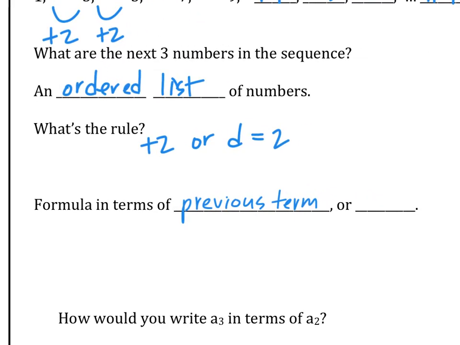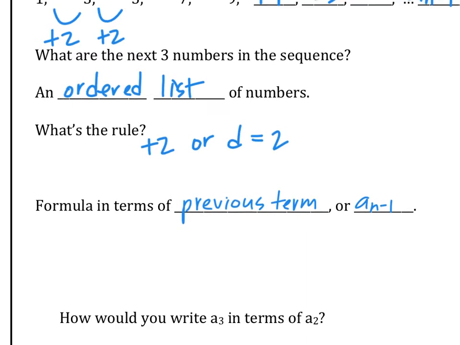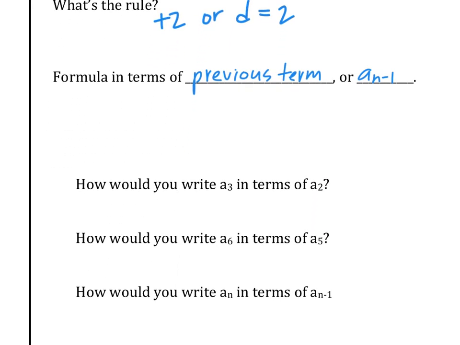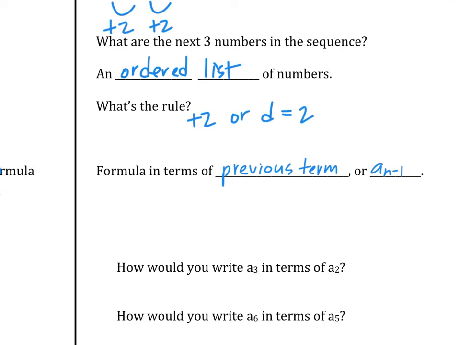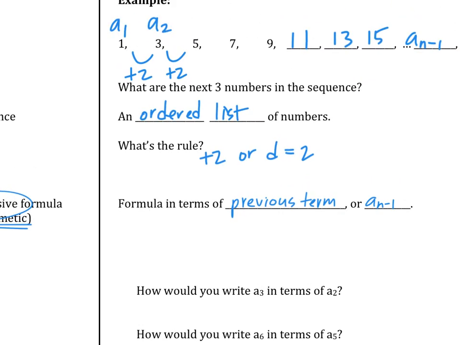And the previous term, we call that a_(n-1), because that's the previous one. So if I only know A2 is 3, how do I get to A3?